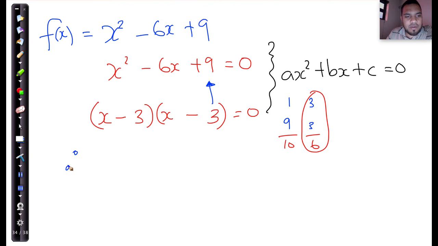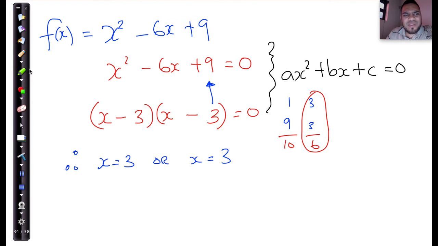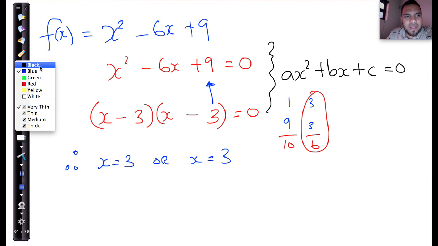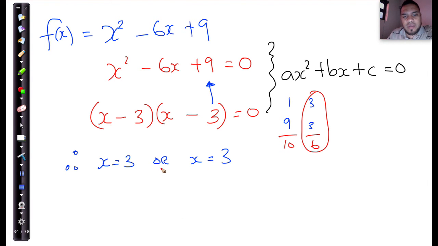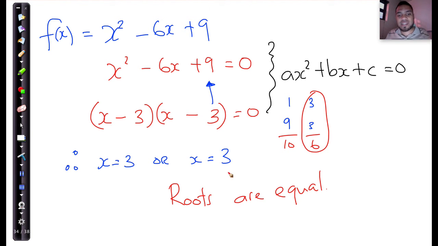We can say, therefore, x equals 3 or x equals 3. Now, if you look at this, isn't 3 and 3 exactly the same number? Now we've actually solved for the roots, and we can say that these roots are equal. In fact, there's only one root here. These two roots are equal.